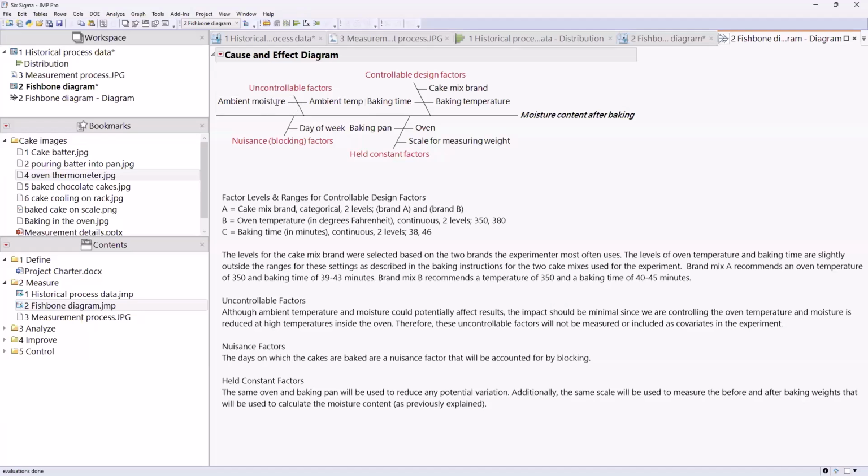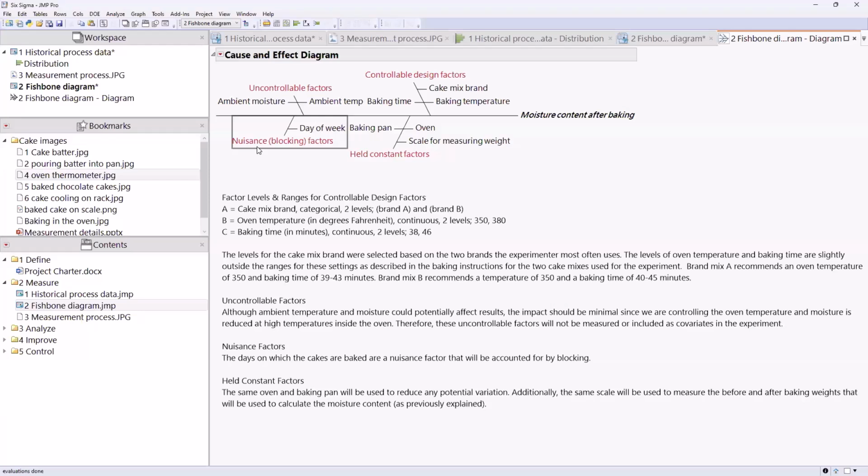We're not going to be able to control those, but we are going to randomize the order of the data collection to average out any effect of them. And then we also have a nuisance or blocking factor, which is the day of the week. To optimize my process, I'm going to have to bake a lot of cakes, too many to bake in a single day, so I'm going to have to gather the data over more than one day.